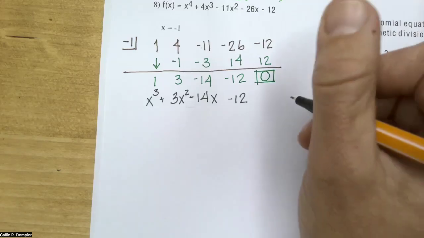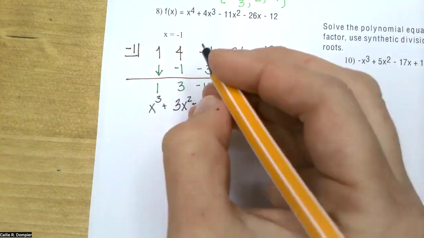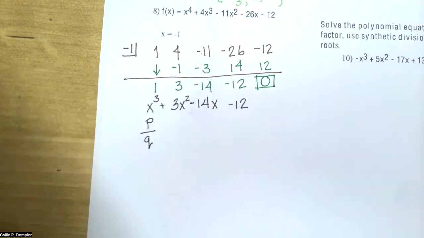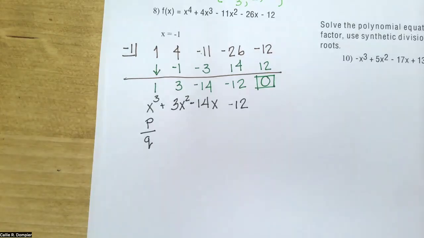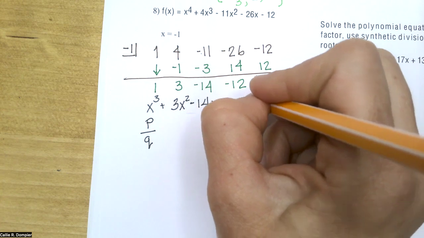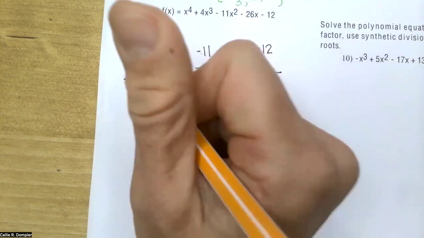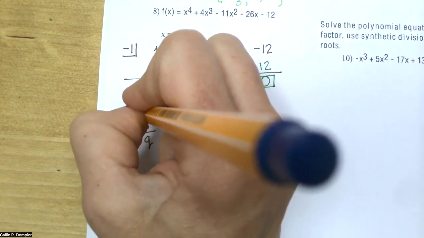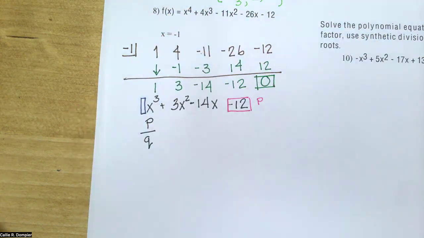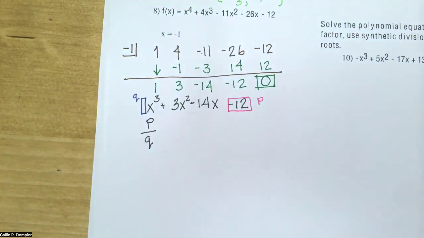So our guide for finding the rest of the zeros, including this one, is a formula we call P over Q, with your constant being P and your leading coefficient being your Q, okay?